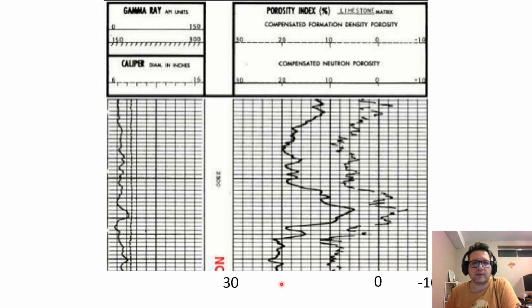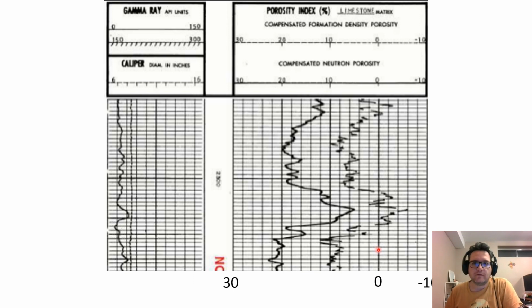Okay, so in this case we have from minus 10 to 30, so it's 40%, and we have 20 subdivisions. So for each subdivision, we would have 2%. So going from minus 10, we have minus 8, minus 6, minus 4, minus 2, and then 0. Okay.